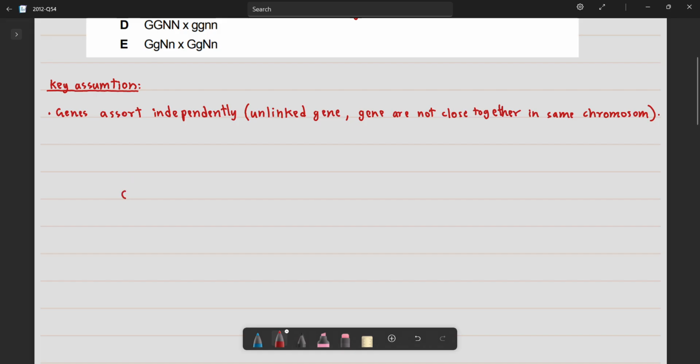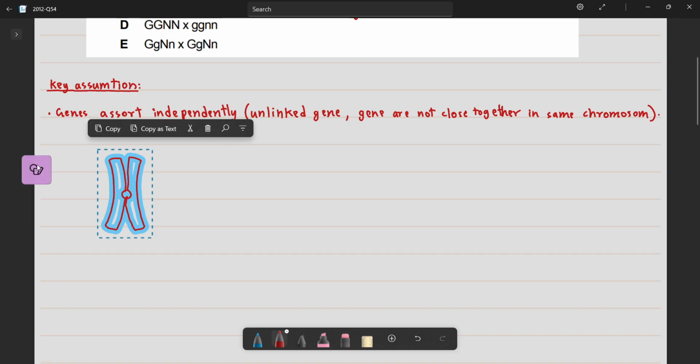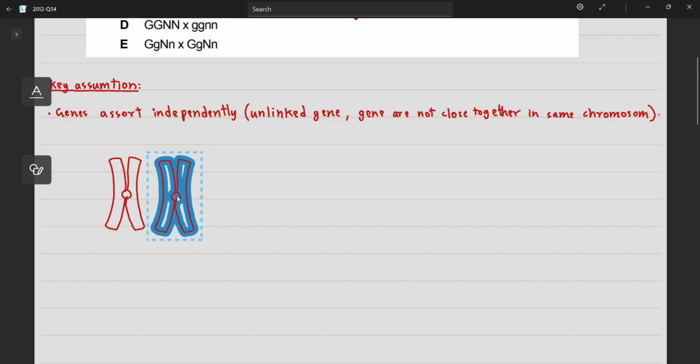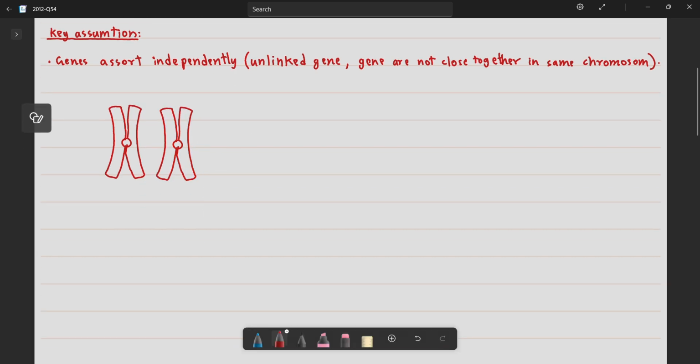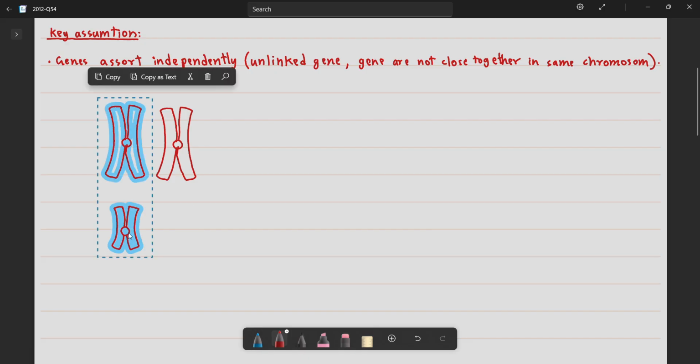This is one chromosome I have, and then I have another chromosome that is its homologous pair, and then I have the other chromosome which is non-homologous. So it's non-homologous to the chromosome above that I'm showing you.